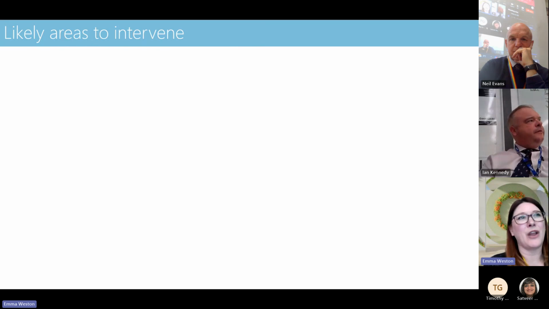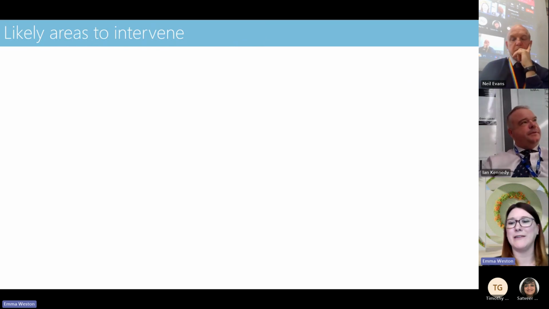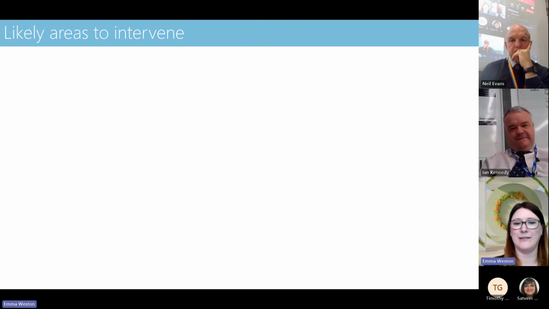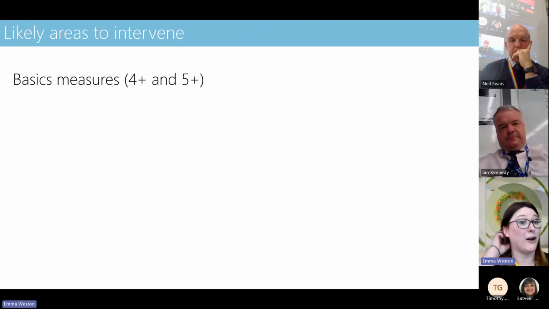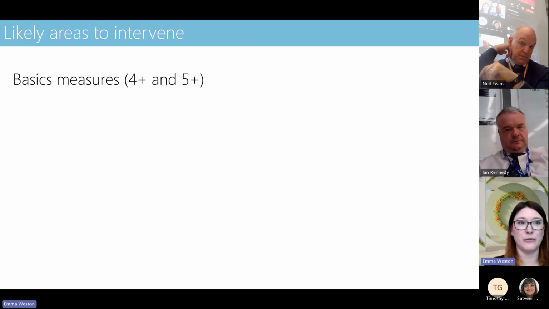Okay, so obviously the specific pupils that you're going to intervene with might depend on the context of your school and where the most pressing need is, looking at where your data is at the moment. But some of the places where we often think about interventions are at our basics measures, so improving our 4 and above and our 5 and above, so thinking about those borderline grade 4 pupils.